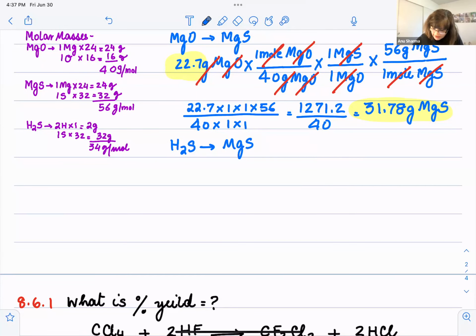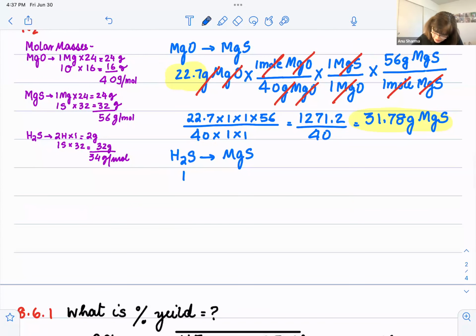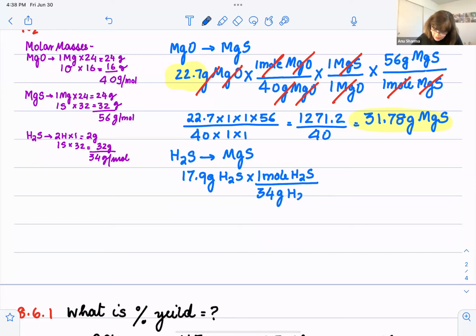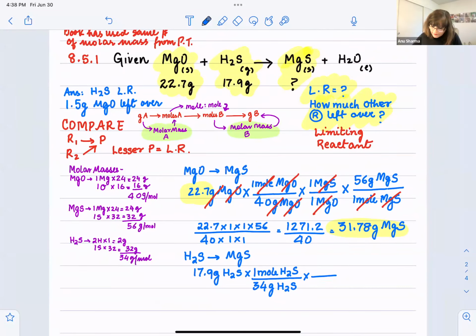So H2S is 17.9 grams of H2S, times 1 mole of H2S over the amount. H2S is 34 grams of H2S. Okay, times mole to mole ratio. H2S is 1 to 1.